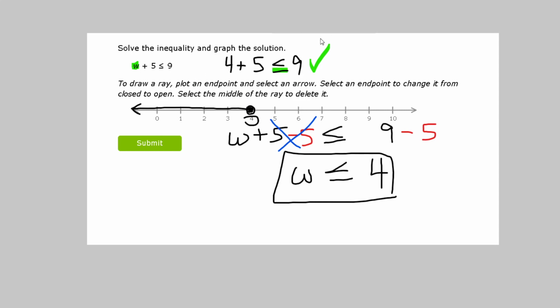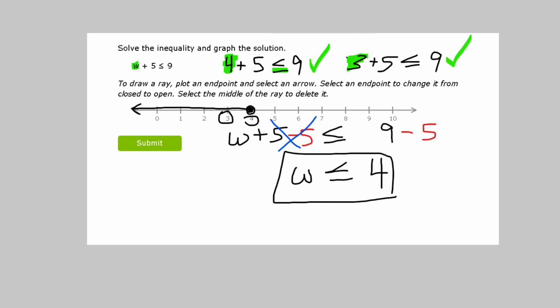So we know this will work. Let's try 3 out. We're just trying these solutions out with our variable. 3 plus 5 is 8. We know that's less than 9, so that would work.